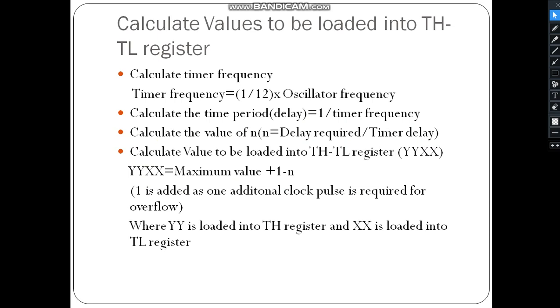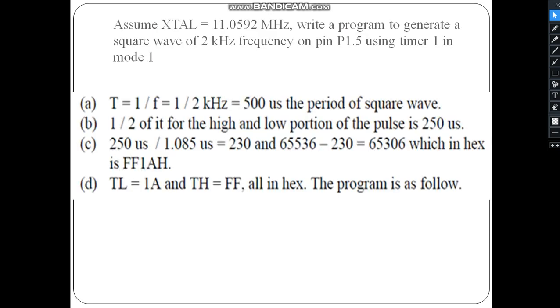While calculating, you need to be careful to take all the values in hexadecimal or all the values in decimal. So here we get the value YYXX. XX is the value that has to be loaded into the TL register, and YY is the value that has to be loaded into the TH register. That is, XX is the lower byte and YY is the upper byte.